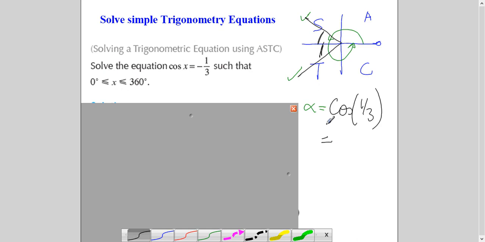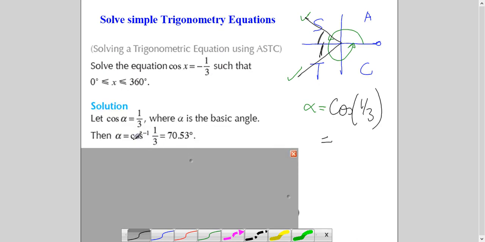So using the calculator, I will find out the basic angle, which is found here. It is 70.53. It means in these two quadrants with the x-axis, the angle made is 70.53. Now, I have to find out my general angle, and we have seen that general angle is always measured from here.